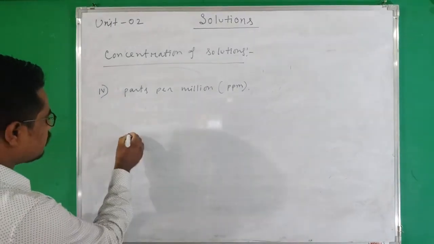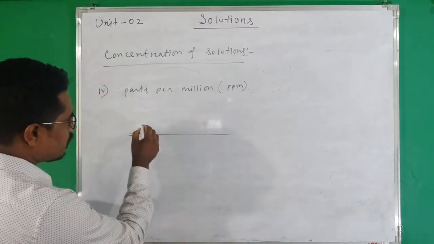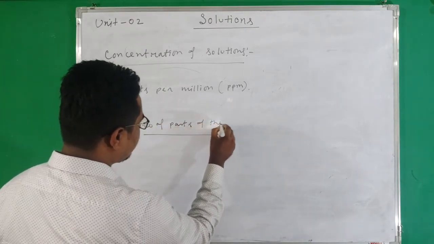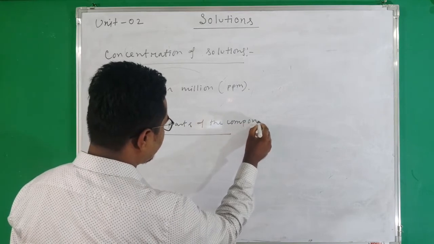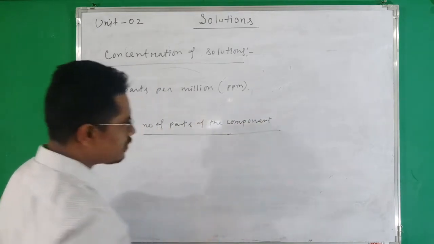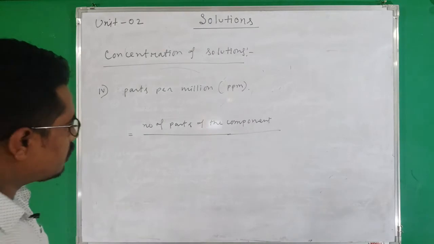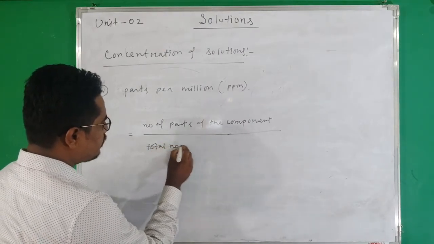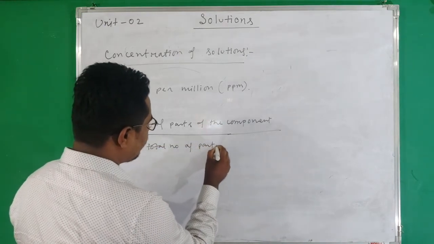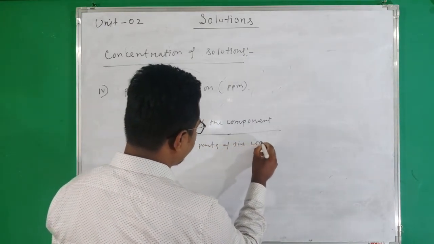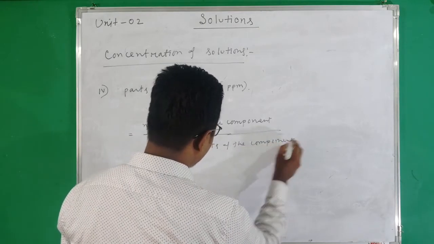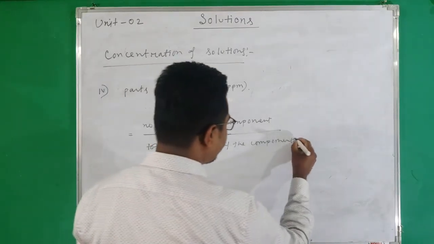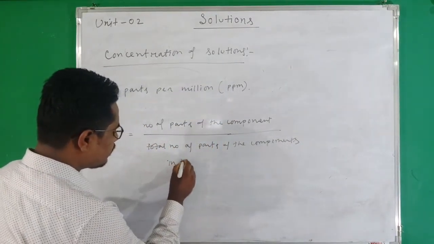Parts per million equal to number of parts of the component whose concentration has to be measured, divided by total number of parts of the components in the solution.